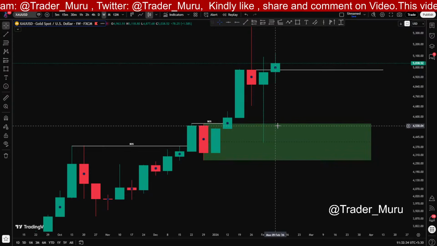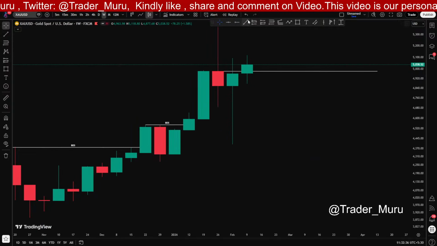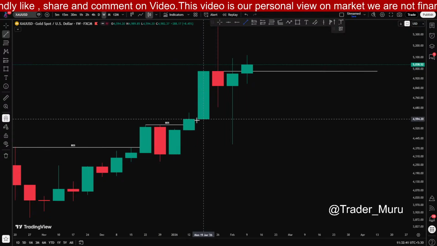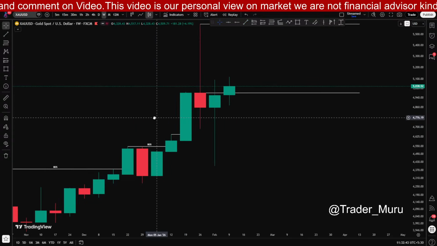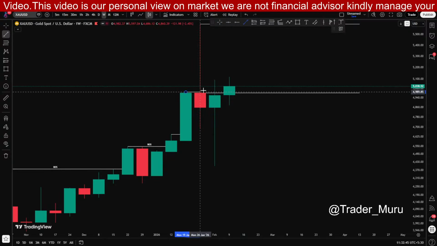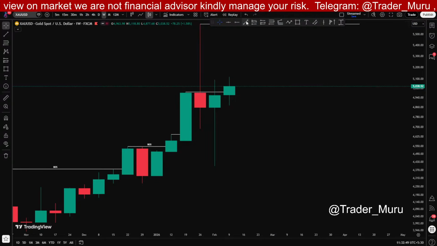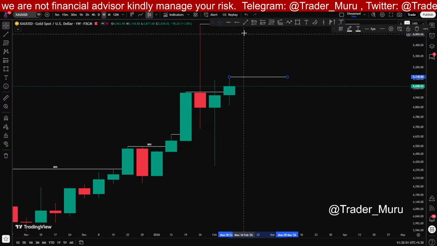According to our candle theory, the last ranging candle was this one, then we have a breakout structure, another candle breakup, and we have the last candle which closed above, this small candle here, this one.